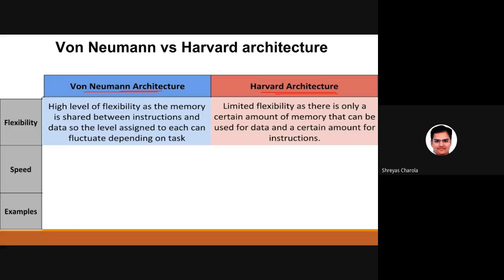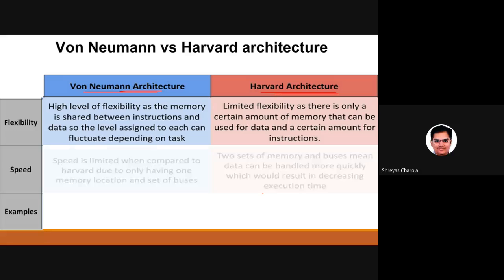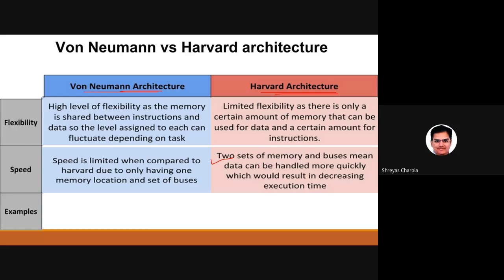That much time can be saved. So it will always be faster whenever you use two sets of memory and buses, as the data can be handled more quickly, resulting in decreased execution time. And the speed of Von Neumann is limited compared to Harvard due to the single memory and the single set of buses. Clear, all of you?